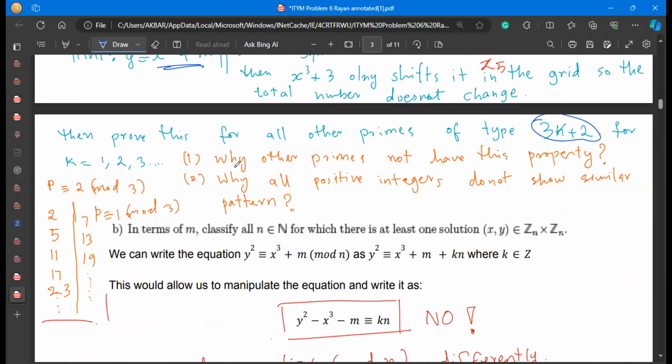The other direction जो प्रॉब्लम 4 के आंसर में हो सकते हैं कि why other primes do not have this property like the primes that are 3k plus 1, वहाँ पे क्या m का किरदार है, that would be a different direction of investigation for you.